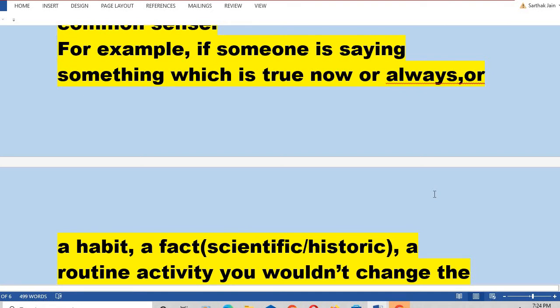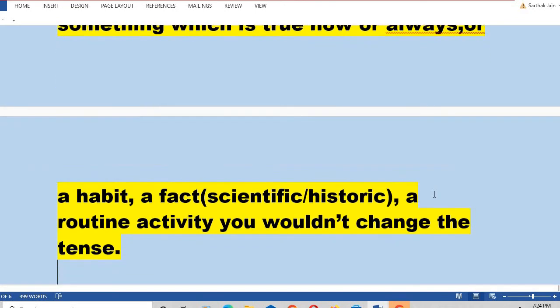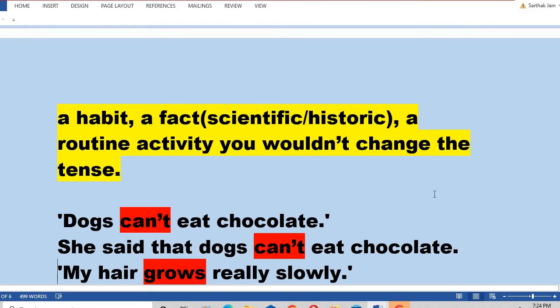Many times you have to use your common sense. For example, some other points to keep in your mind. For example, something which is a truth now and will always be, or you are quoting about somebody's habit, or you are quoting about some scientific or historic fact, or you are quoting about the routine activity of somebody or your own, then you won't have to change the tense.